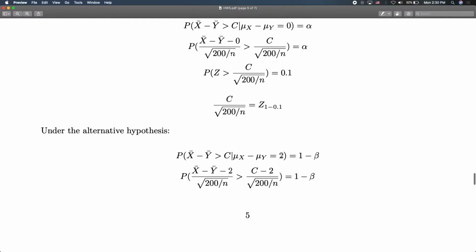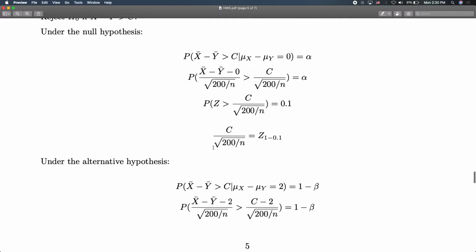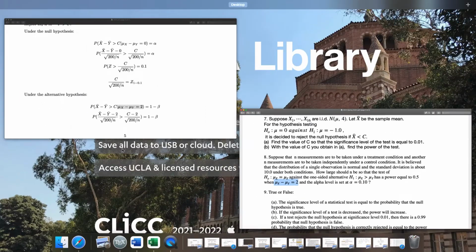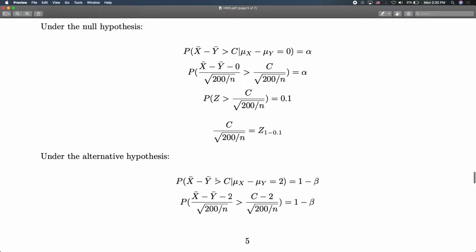And then we want to start from the other, which is the power. So the same rejection criterion, but under the alternative hypothesis, also given by the question, when the difference is equal to 2. So now we have x bar minus y bar minus 2 under the alternative instead of minus 0. Same procedure on the right-hand side, and then c minus 2 over the same standard deviation.